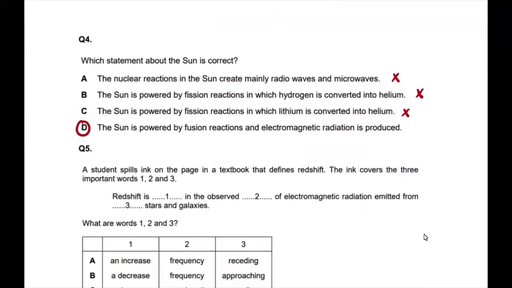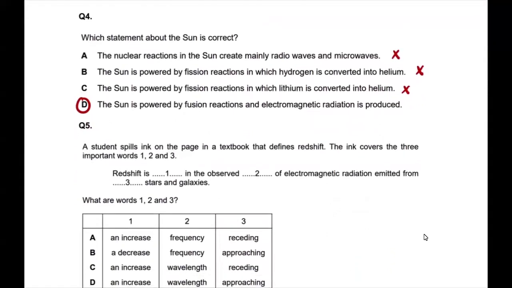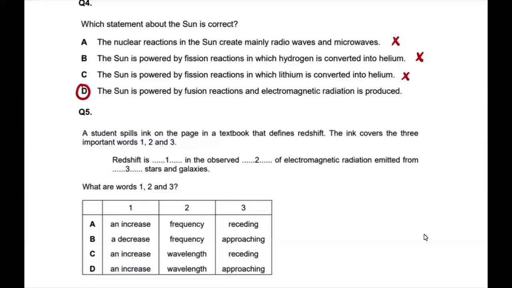So a student spills ink on the page in a textbook that defines redshift. Ink covers 3 important words, 1, 2, and 3. So redshift is the dash in the observed dash of EM radiation from dash stars and galaxies. Now you know one possible answer could be it's the increase in observed wavelength, right?